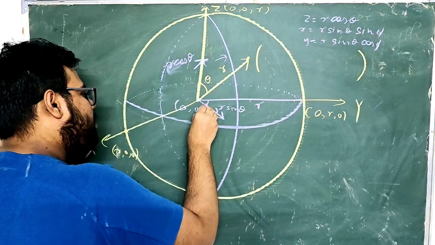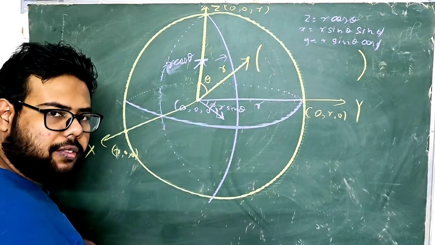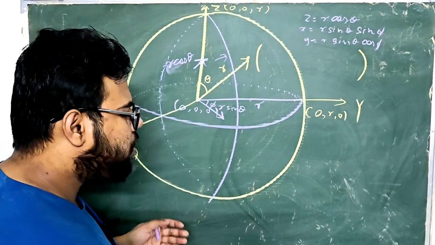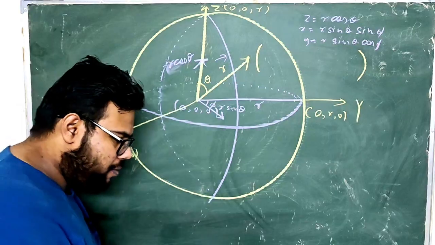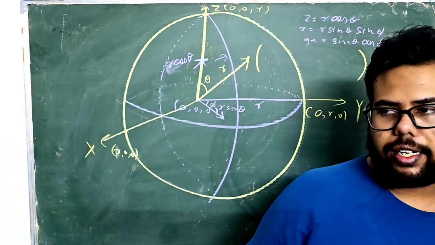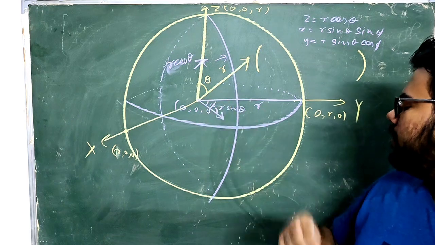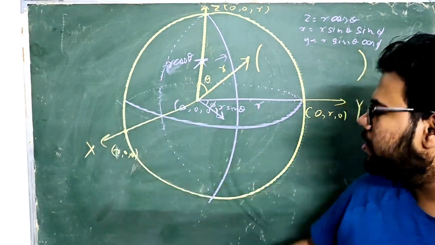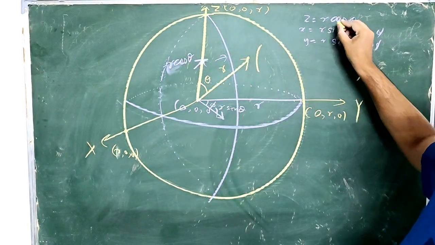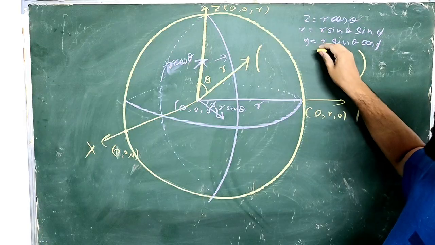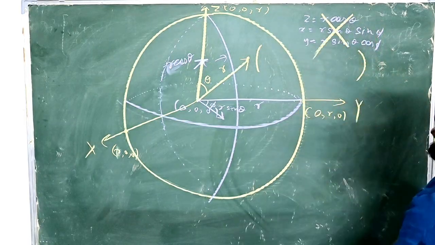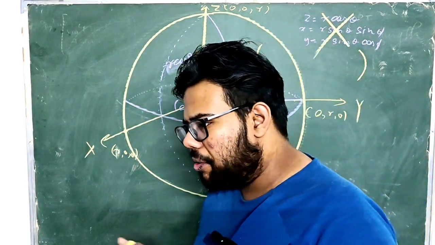Now assume this angle is phi. It's totally on you, you can take whatever angle you want. I have taken this as theta, this is phi. I have taken this as x, this is y, this is z. It is not necessarily always true; it's totally on you how you assume it.